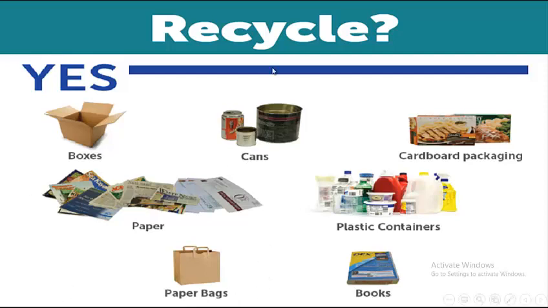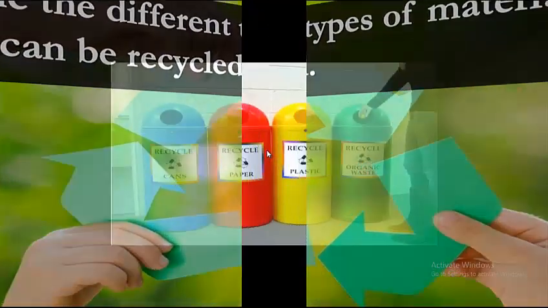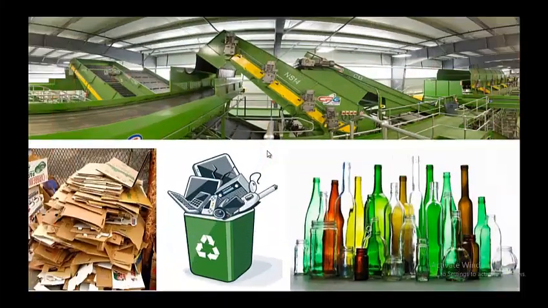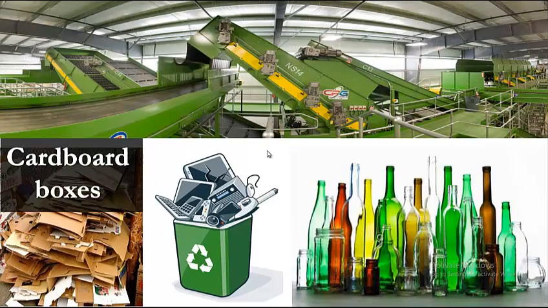Okay, my dear students, so what things can we recycle? Excellent, my dear students, we can recycle paper, plastic, glass, cans, boxes, etc. As we said, we can recycle paper, glass, plastic, etc. Look at the pictures and say your answer.